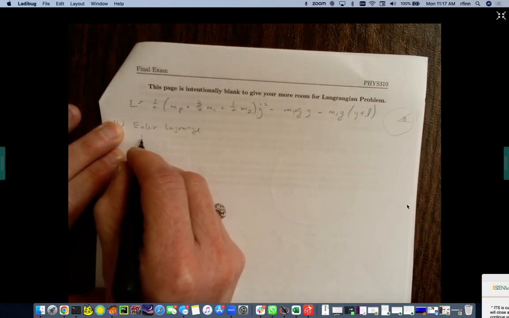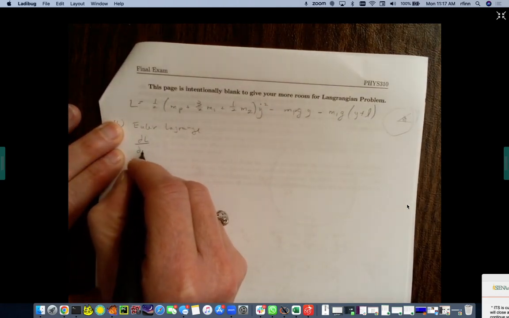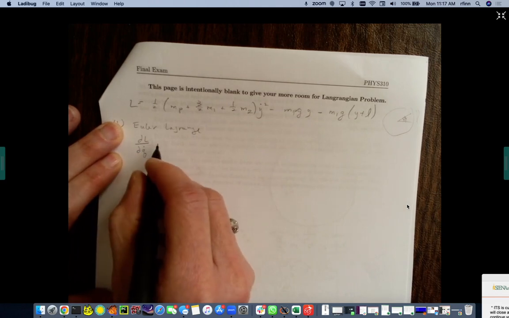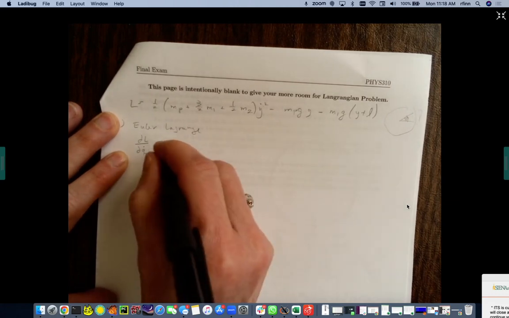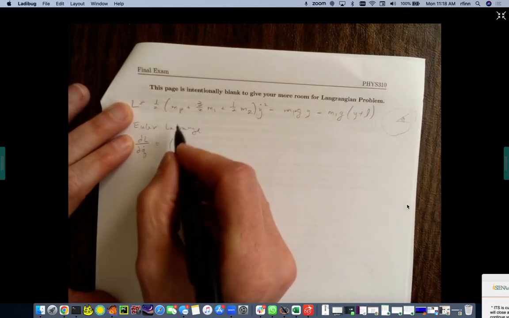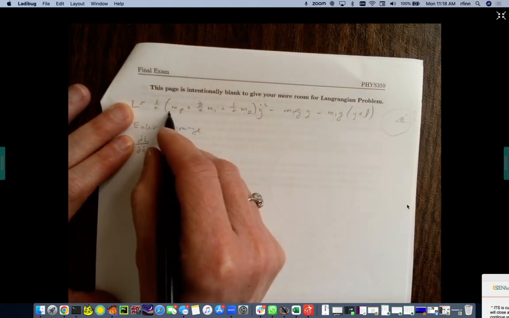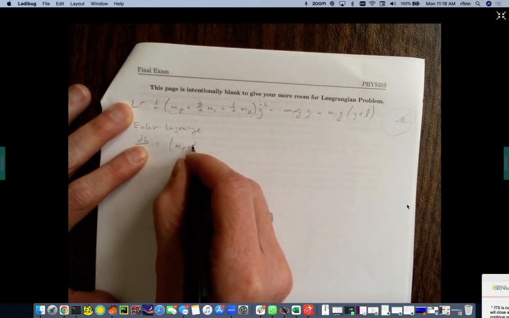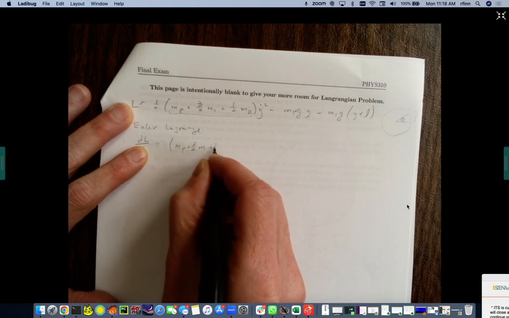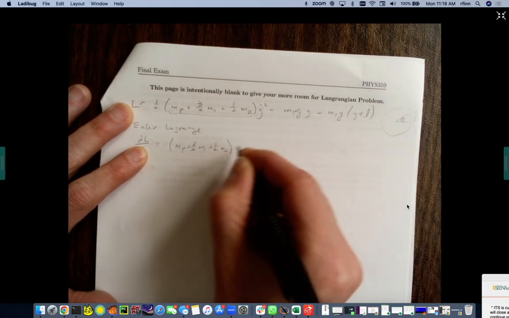We need dL/dq dot. The 2 comes down and cancels the half, so we just get this effective mass, (mp plus 3/2 m1 plus 1/2 m2) y dot.